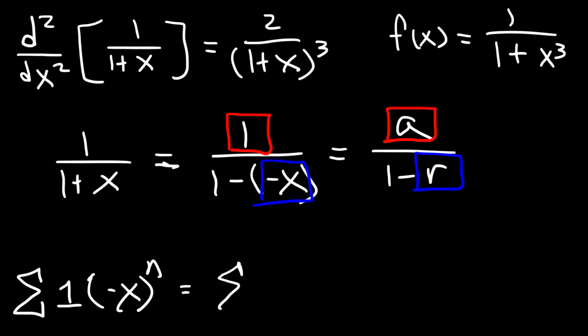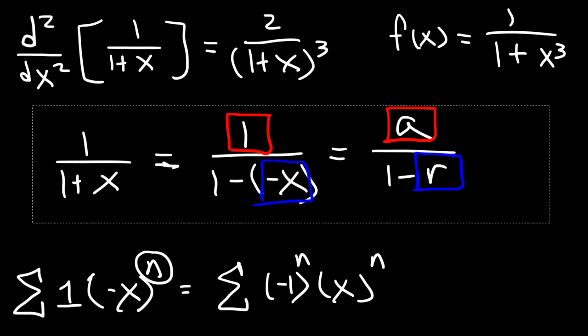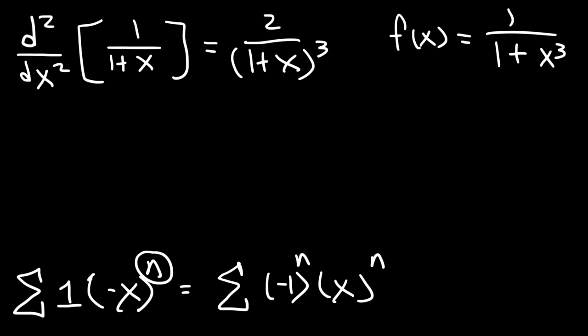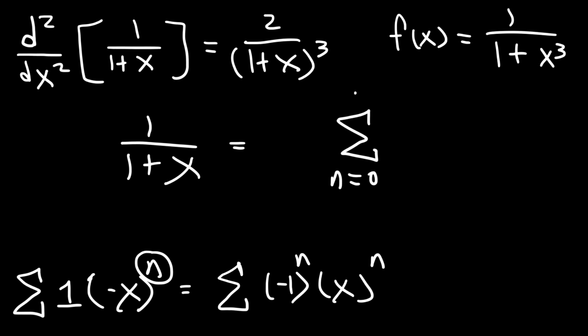And negative x is basically negative 1 times x. So we need to distribute the n to negative 1 and x. So therefore we could say that 1 over 1 plus x is equal to the series starting from 0 going to infinity of negative 1 to the n times x to the n.